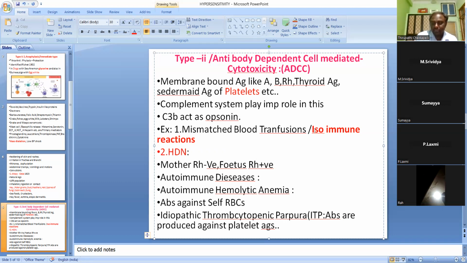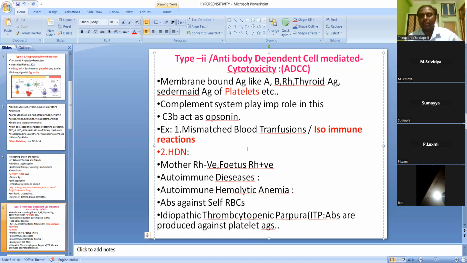This will come again in genetics, where I will explain it in detail. But what happens? Generally, human beings exhibit antigen A, antigen B and Rh antigen on the RBC cell surface. Whenever a person receives blood from a donor, if the blood groups of both receiver and donor are similar, there will be no reaction.